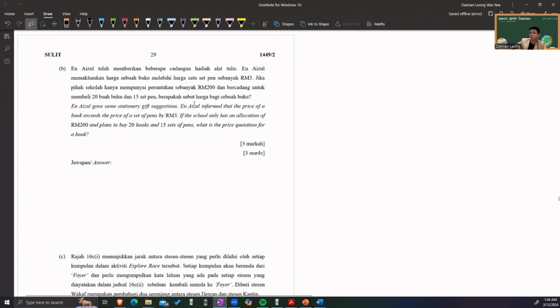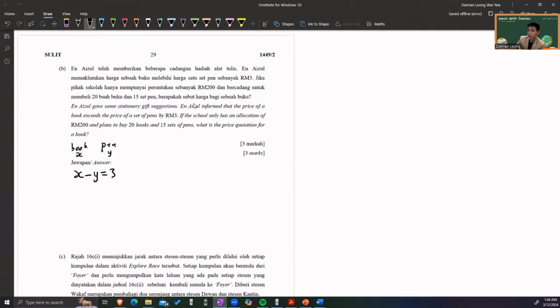Okay, that's part A. And part B, Encik Aizul gave some stationery gift suggestions. Informed that the price of a book exceeds the price of a pen by 3 ringgit. So if I put the price of a book as x, pen as y, okay, means price of a book minus price of a pen is equal to 3, or price of a book equals 3 plus y also can.